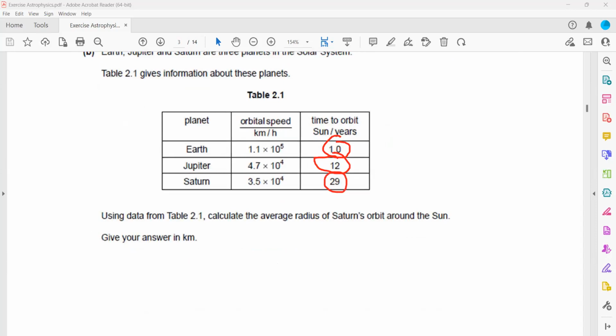Okay. Now, for example, say this is our sun.